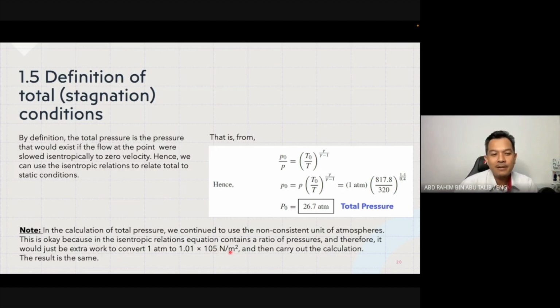You would get the same result. So that is the first example, related to how to calculate the total temperature as well as the total pressure in the case of stagnation conditions.